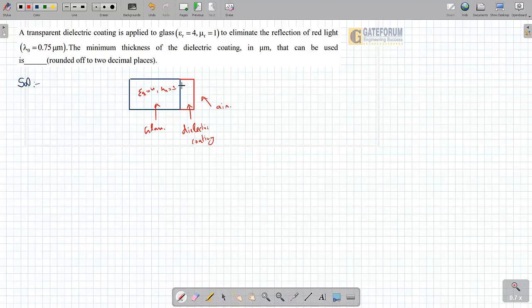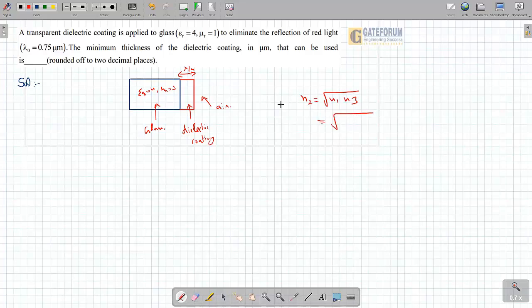So first we have to find out the dielectric constant of this, and then we have to find out the minimum thickness that is needed. So it's a quarter wave impedance match. So this distance must be lambda by 4. But what is lambda? We need to find out because lambda will change. It will not remain 0.7. If you apply the principle of the quarter wave impedance transformer, I can write the impedance eta 2 is root of eta 1, eta 3, right?